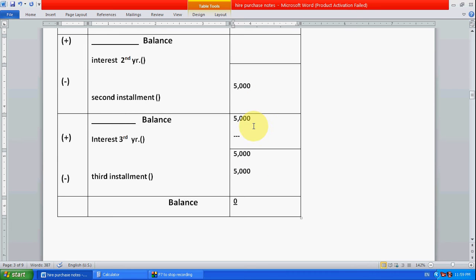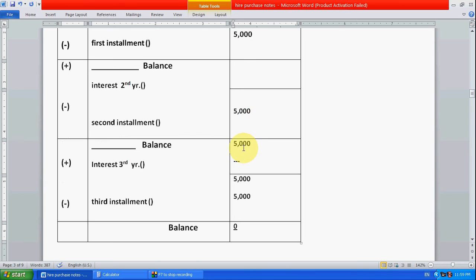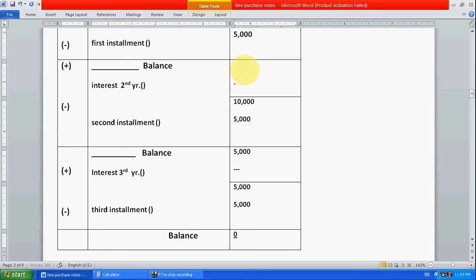How did this 5,000 come? After deducting the second installment, it was 10,000. There is no interest, so we have 10,000 balance here, and the same balance will be here also, 10,000.